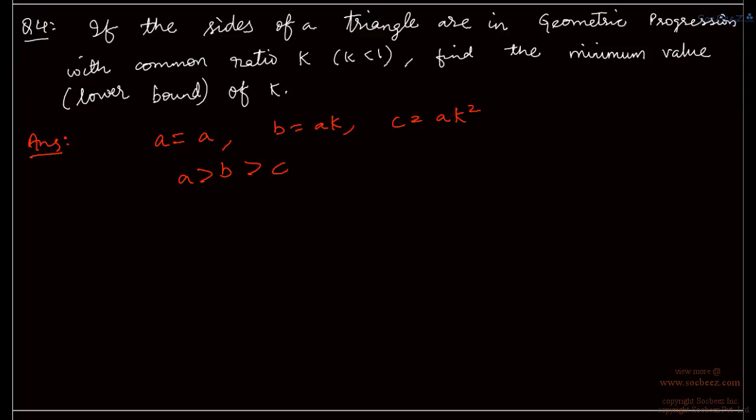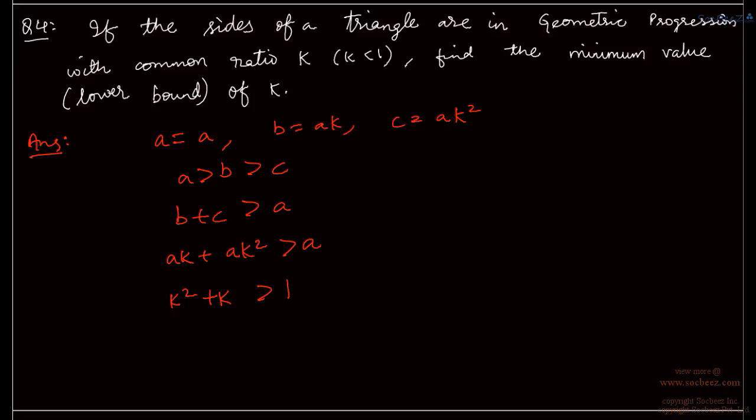Moreover, A is the larger side, so I'll use the triangle inequality on the third side, which means B plus C will be greater than A, right? Now what is B plus C? B plus C is ak plus ak squared, which is greater than a. Since a is common, I just cancel it. Moreover, we are sure a is a non-zero number. So it is k squared plus k is greater than 1.